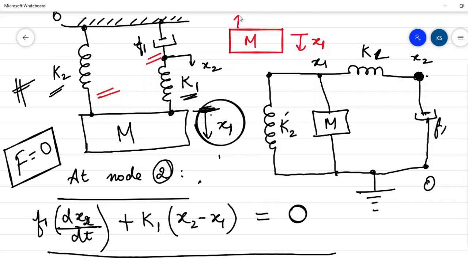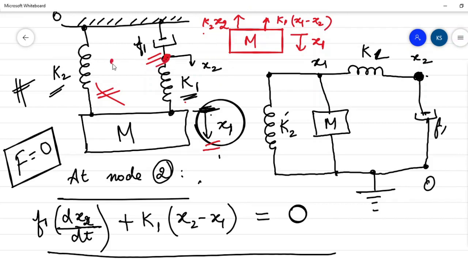So the force developed by the spring having constant K2 is K2 x1 in upward direction. In the same way, the force developed by the spring having constant K1 is also in the upward direction, which is represented as K1 (x1 minus x2). It should be kept in mind that force developed due to spring or damper is always opposite to the displacement.